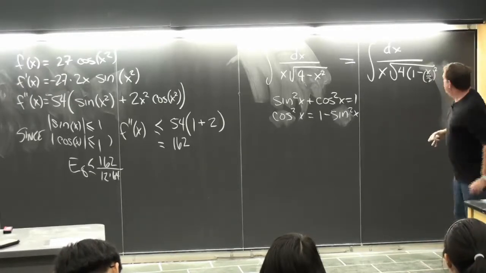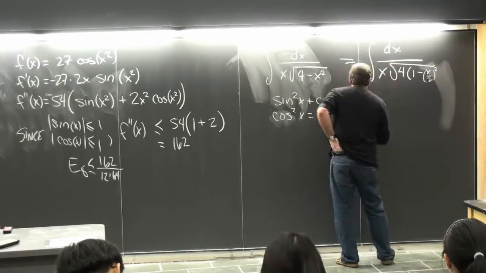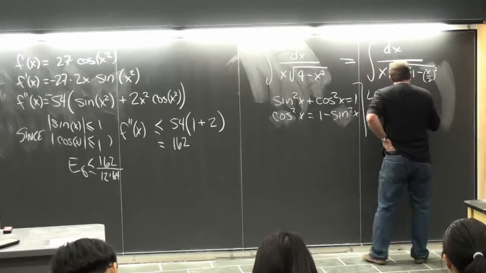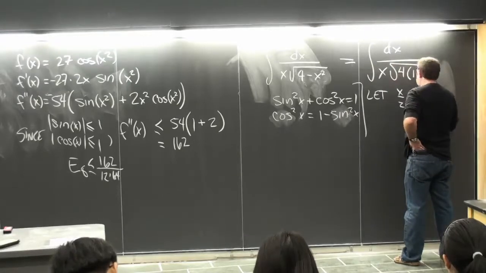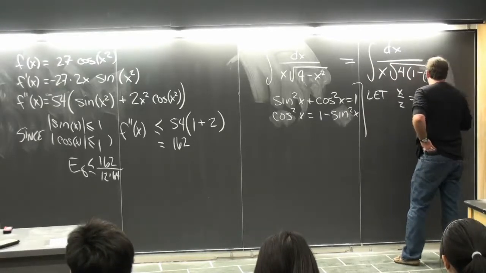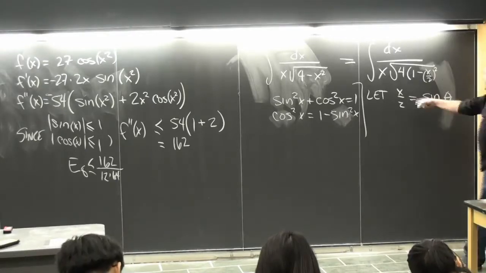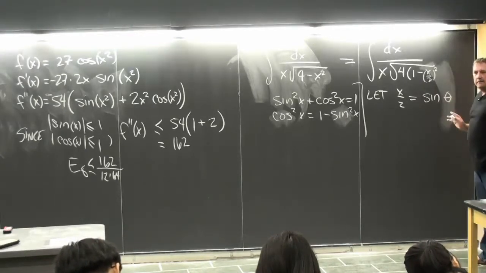And so now I'm going to make the substitution. X over 2, I want that to be a sine. Or if you prefer, x is 2 sine theta. They're the same.